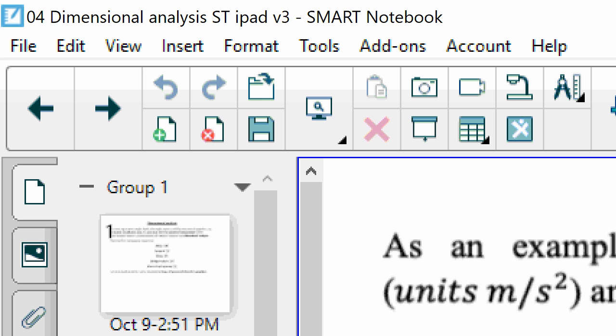So we know that the unit of velocity is meters per second. Meters is a length, seconds is time, so the dimensions of velocity are L over T, or LT to the minus 1.